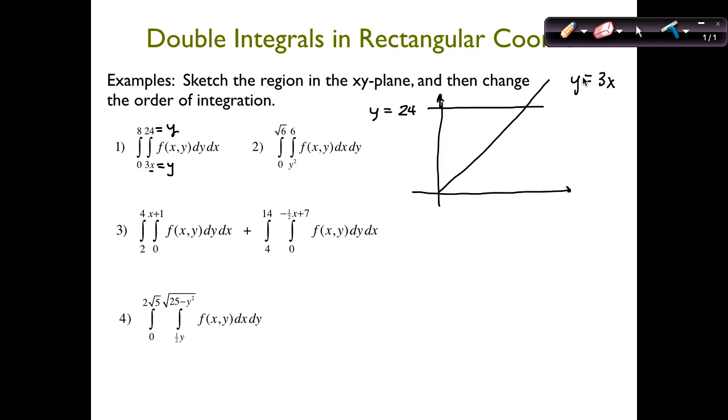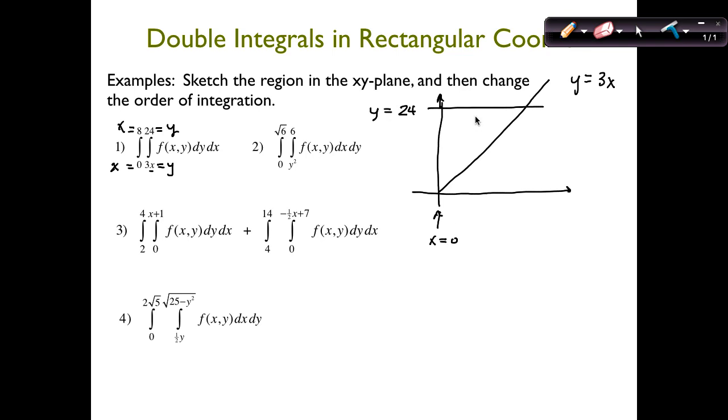B, because we want y equals 3x to be the bottom and y equals 24 to be the top. Now the question is, where does the region start? Where's the left side and where's the right side? The left side is x equals 0, so here's the left side. And where's the right side? x equals 8.